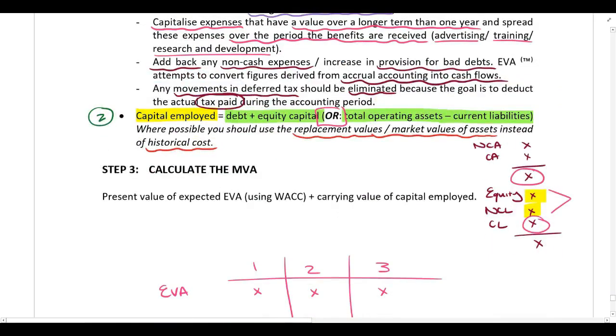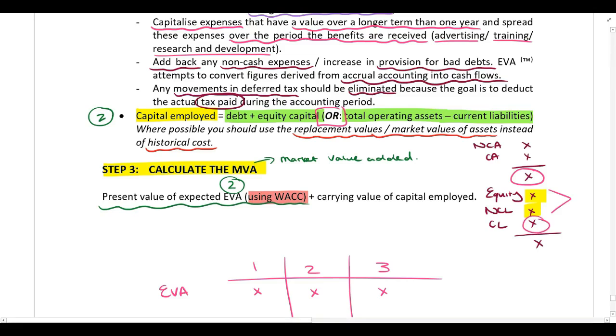Then in step 3, you are now going to calculate your MVA, or your market value added. And in order to perform this calculation, first we are going to get the present value of the EVA that we calculated in step 2. And when we calculate the present value, we are going to use the WACC as our discount rate.